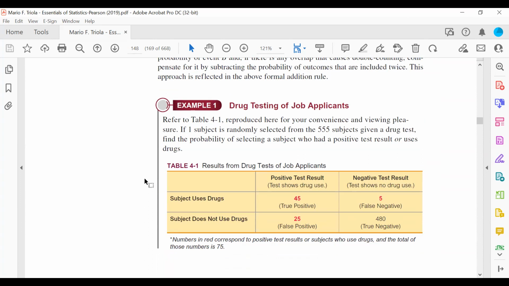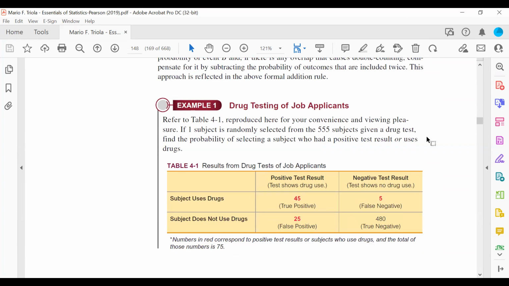They call it a Punnett square. So we're going to be using these Punnett squares, and I'm going to show you how they work. This Punnett square is from a survey of applicants for a job, and they took a drug test.